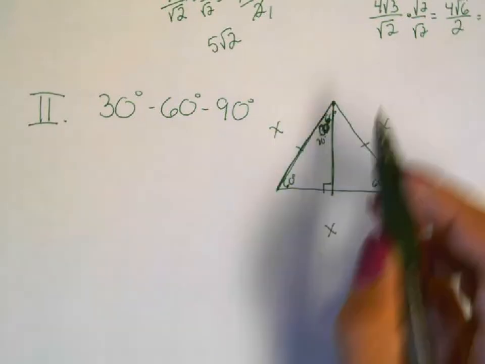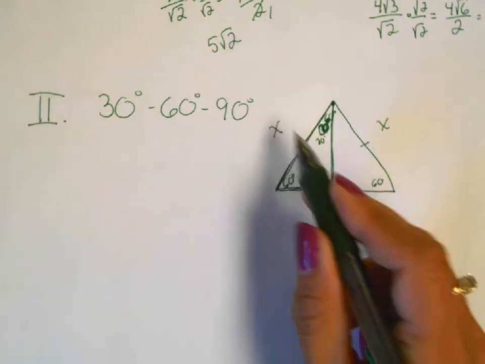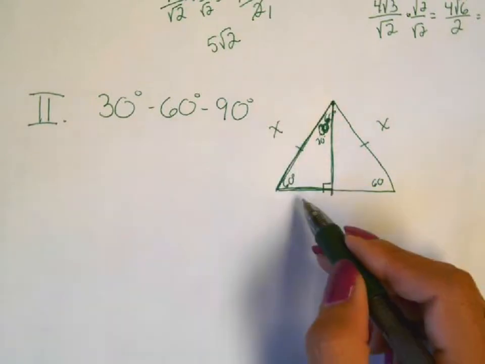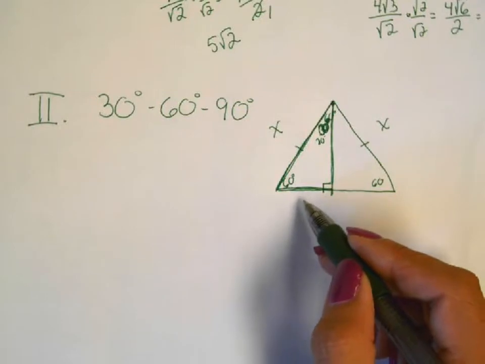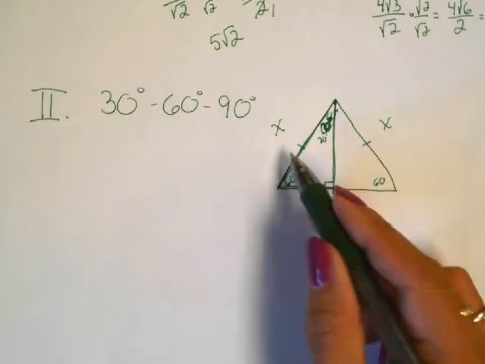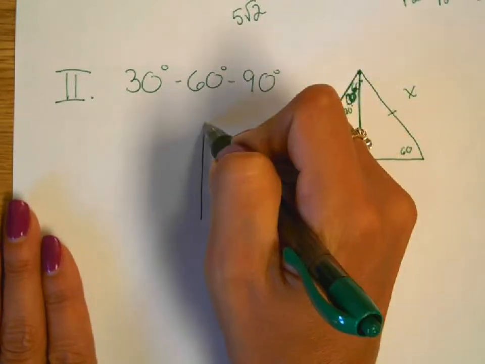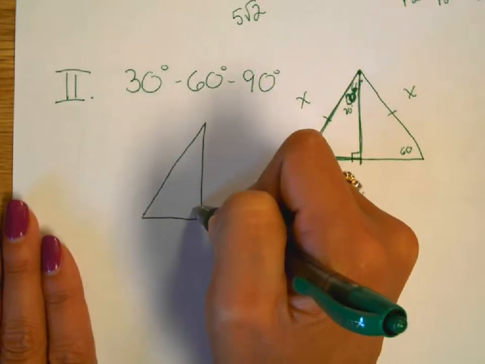How does this side compare to this bottom short leg here? It is double that, or this is half of that. So if I call this X, I call this one half X. It's not the way we had it in the poster. We are going to do it like the poster, but that's the relationship. So let's go back to the poster, because it is our shortest leg, our shortest side.